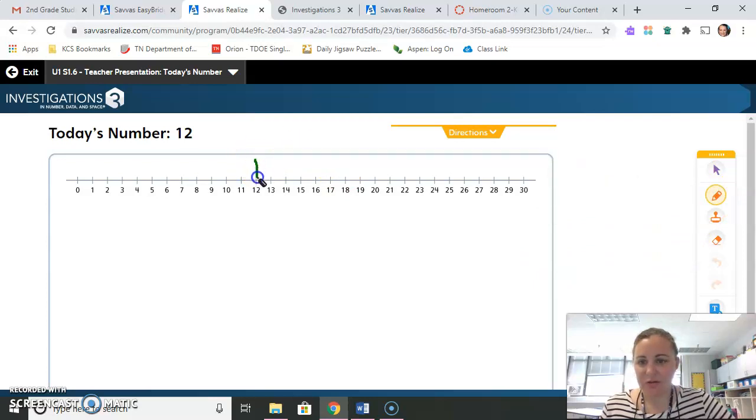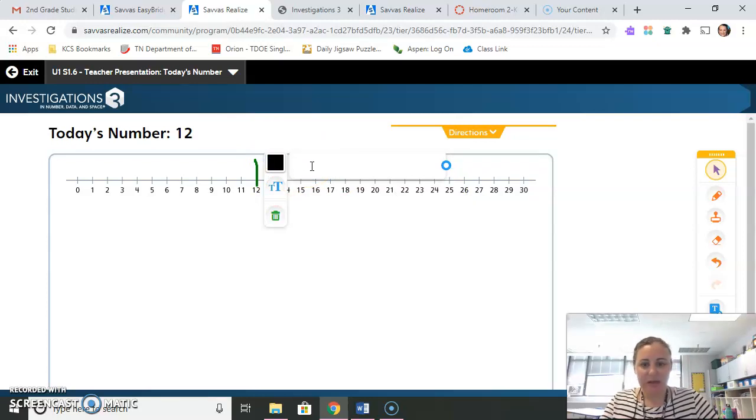Absolutely. Our 12 is right here. If you notice, 12 comes between 11 and 13. So if we were thinking about the number 12, we could say that 12 is greater than 11.